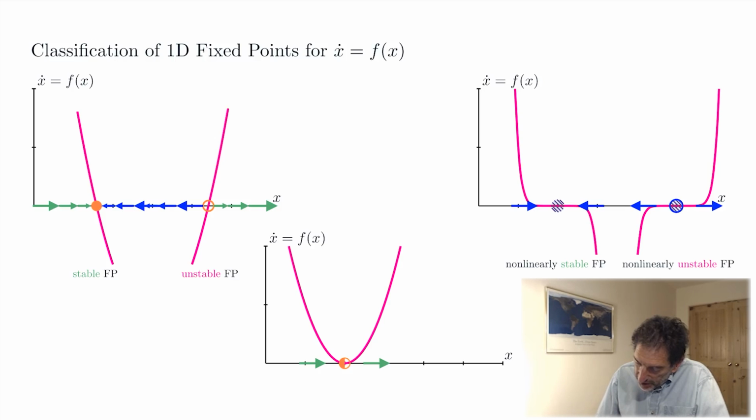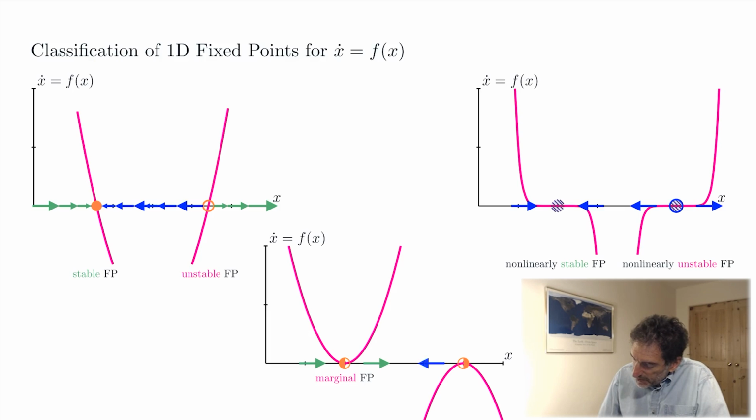On the stable side, I'll draw it with a filled-in circle. And on the unstable side, I'll denote it by an open circle. So this is a marginal fixed point. And the cousin of this fixed point, which is just the other way around, which is an upside-down parabola that just barely kisses the x-axis. The same thing happens here in that to the left of the fixed point, f is negative, and so the flow is away.